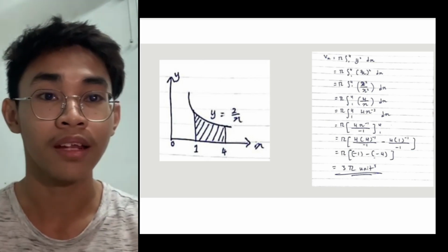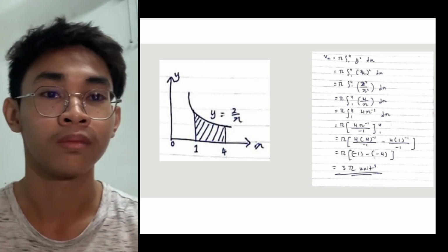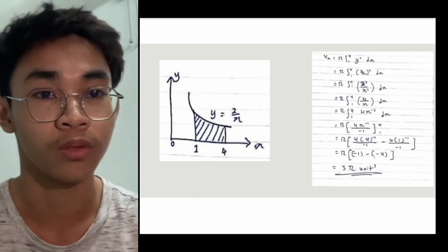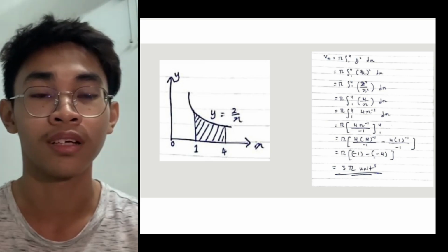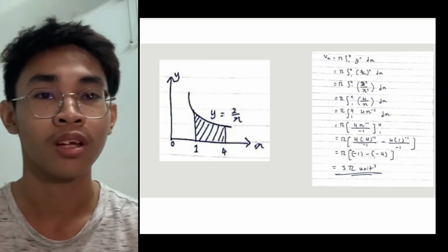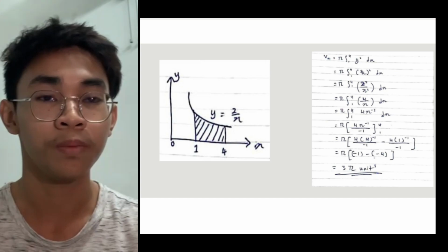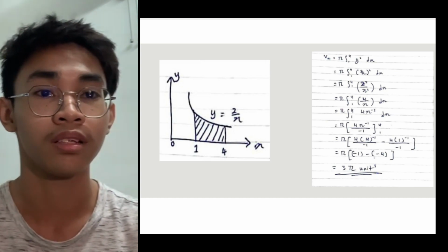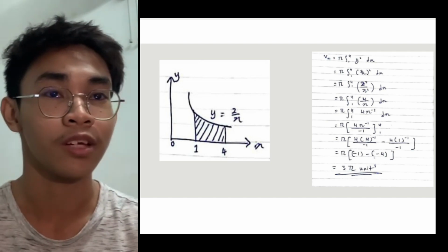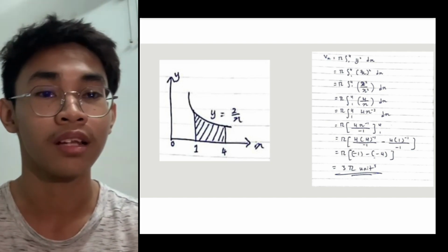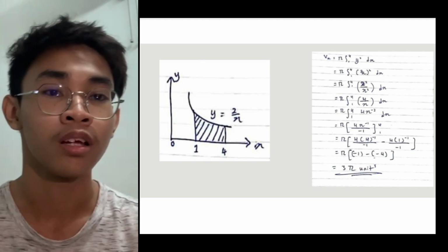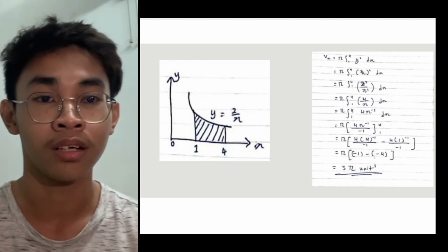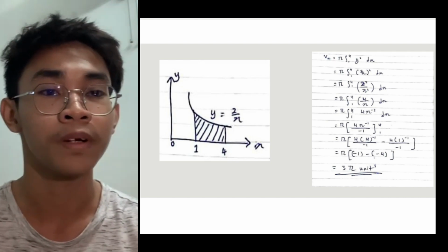Okay, for the next slide, we have an example solution, application of integration to find volume. The question is y equals 2 over x, and we have the formula volume V(x) equals pi integration from lower limit 1 to upper limit 4 of y squared dx, where y equals 2 over x.